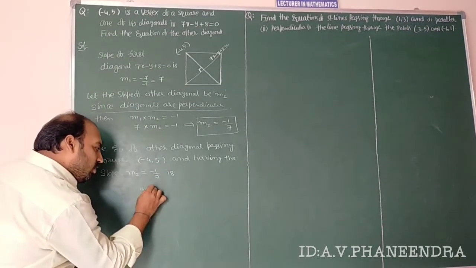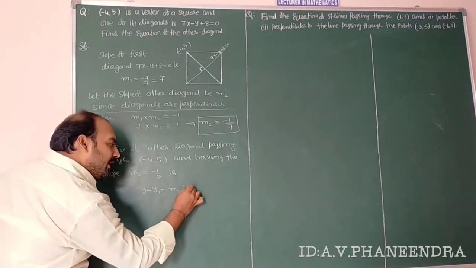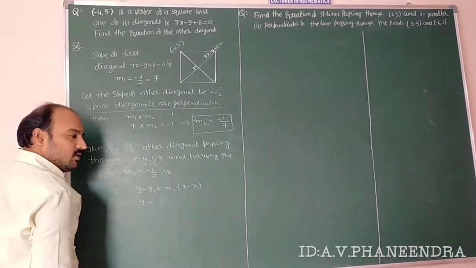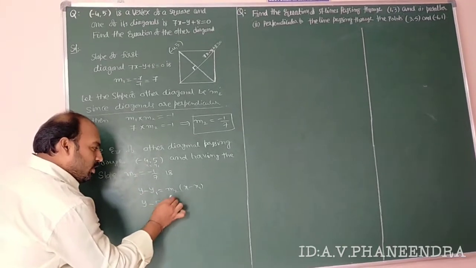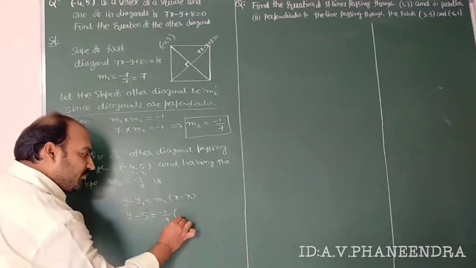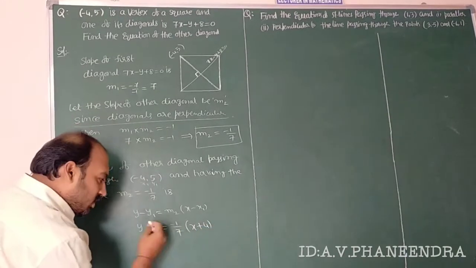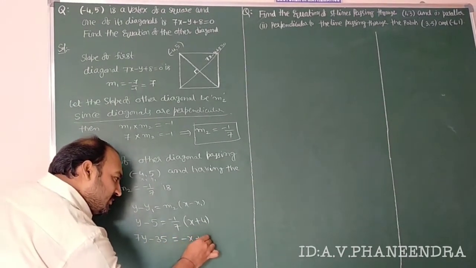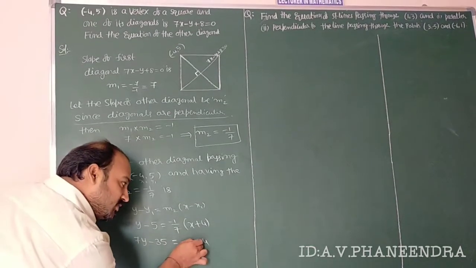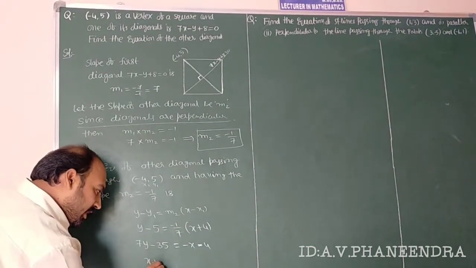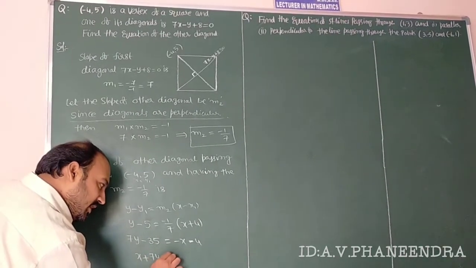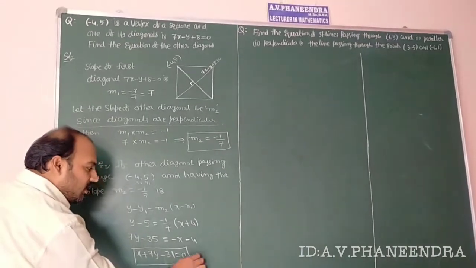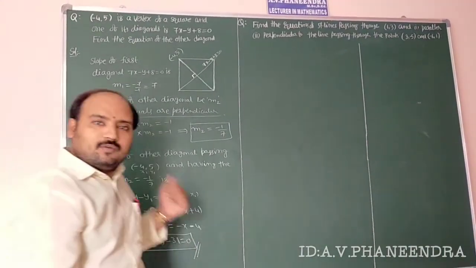The right formula is y minus y1 equal to m2 into x minus x1. This point is x1 y1. So y minus 5 is equal to minus 1 by 7 into x minus of minus 4. Cross multiply: 7y minus 35 equal to minus x minus 4. These values we can take this side: x plus 7y minus 31 equal to 0. This is the other diagonal of the square.